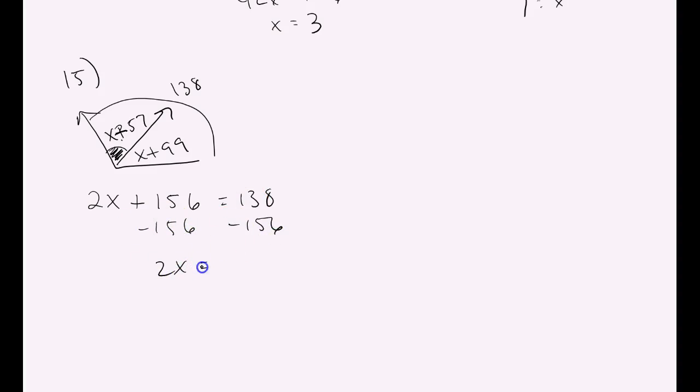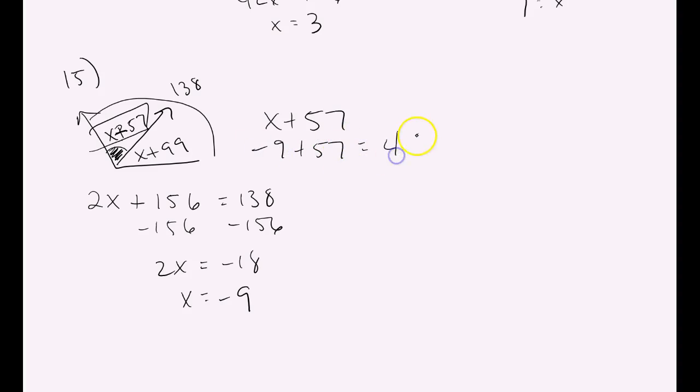So 2x equals, okay, what's the difference between 138 and 156? 18. Okay, so I'm getting x is negative 9. Now I need to take my x is negative 9 and plug it back in to this one, because that's the one that it wants me to find. And when I do that, I'm going to get 48. I think I'm getting 48 degrees.